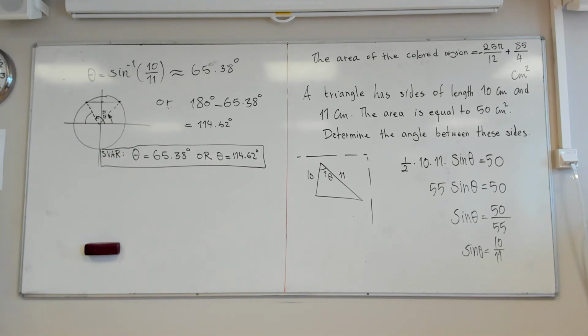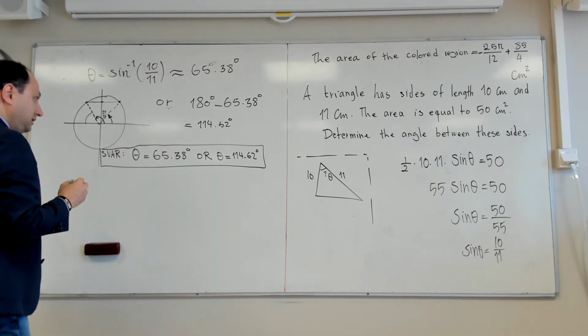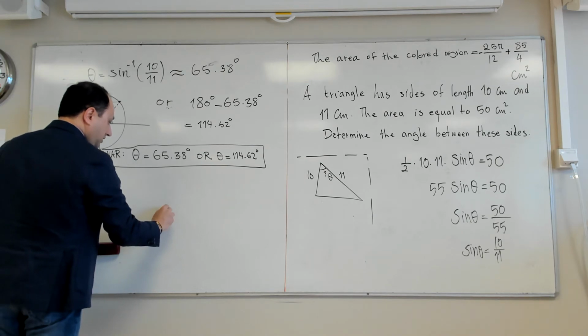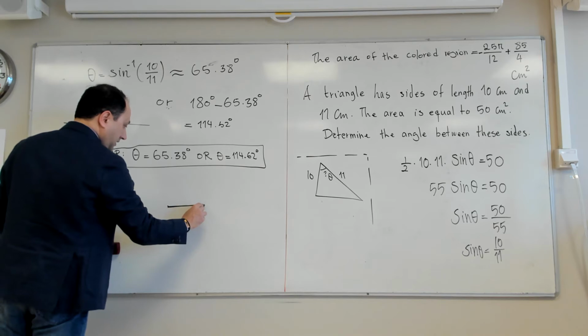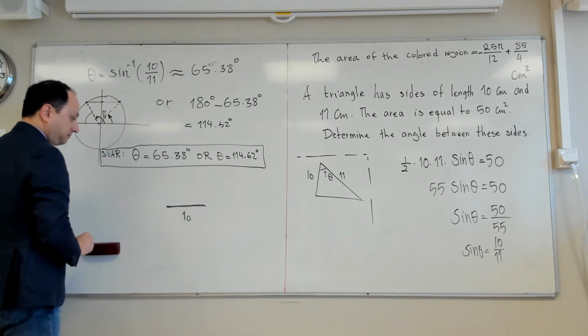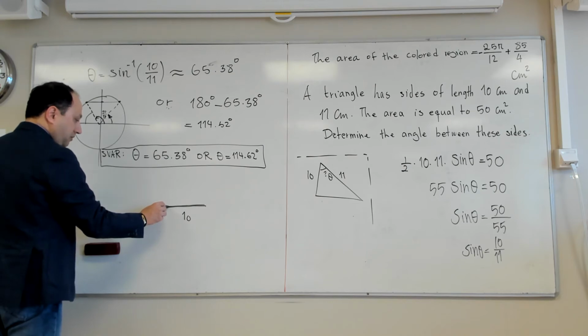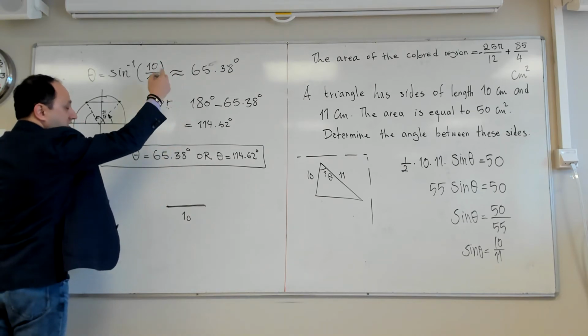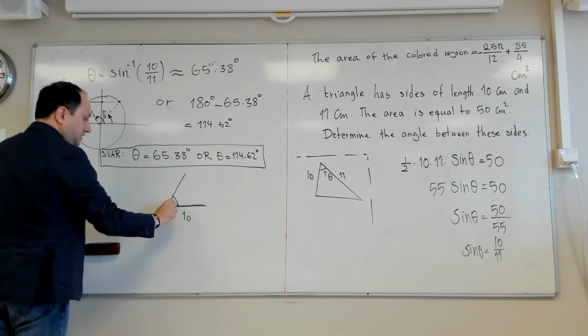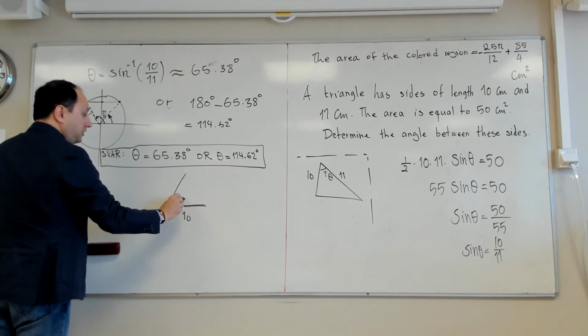But if we want to understand it in a better form, let me turn it a little bit upside down. Assume that you have this. Let me tell you what is happening. You have 10 centimeters here, and for example, assume that this angle is 65.38, and this side is 11.